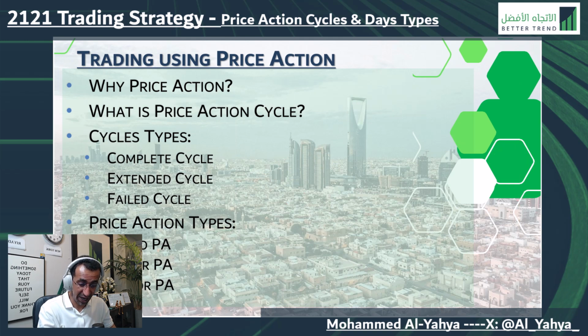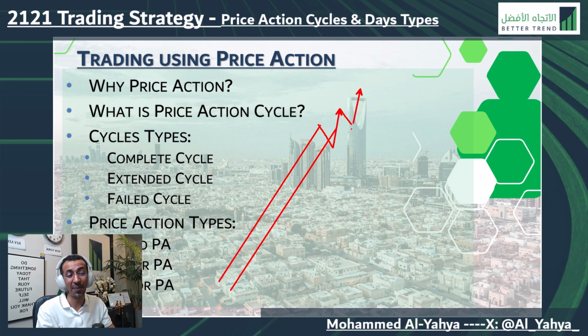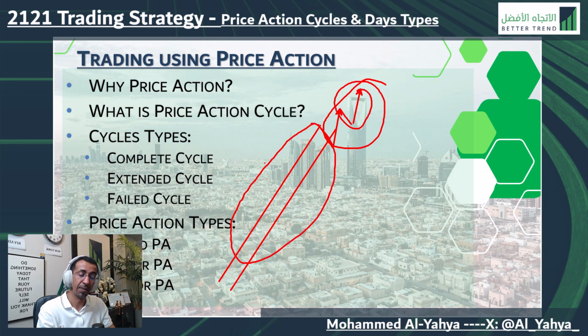If you have a channel, there is no relation between the channel and how long leg one is. It could be very long. And maybe you can have a long micro channel with a small break and small leg one and small leg two. That could happen as well. So there is no relation between the legs and the channel.